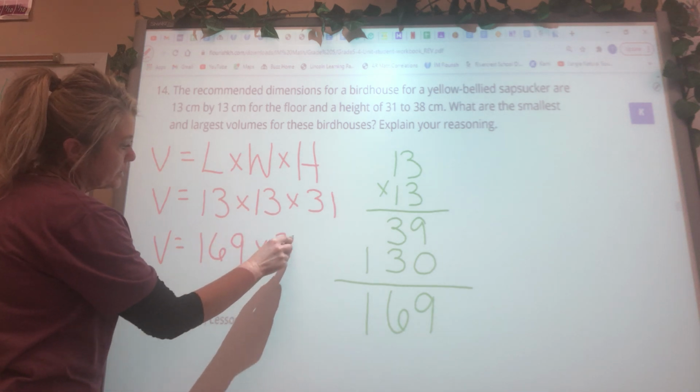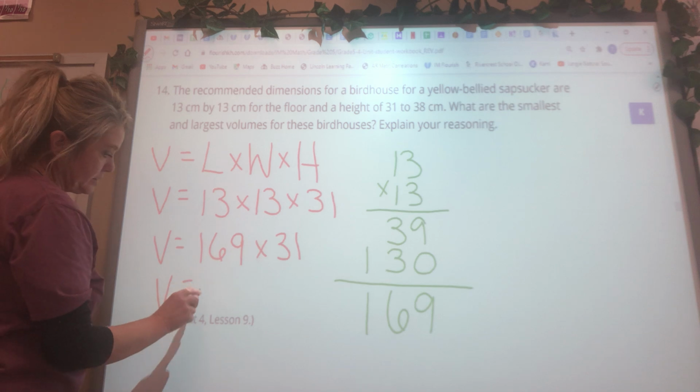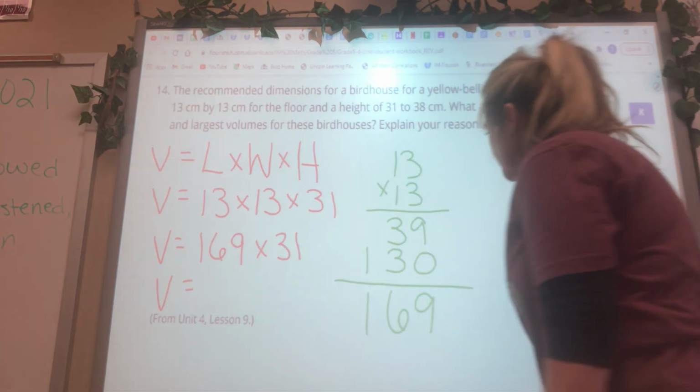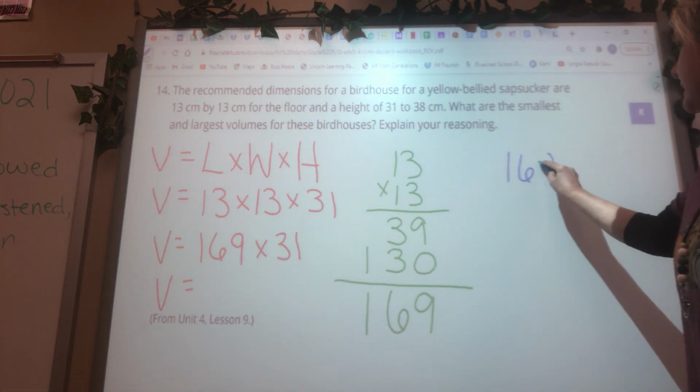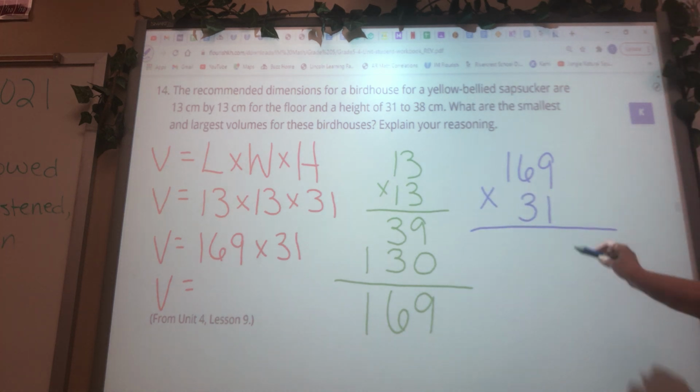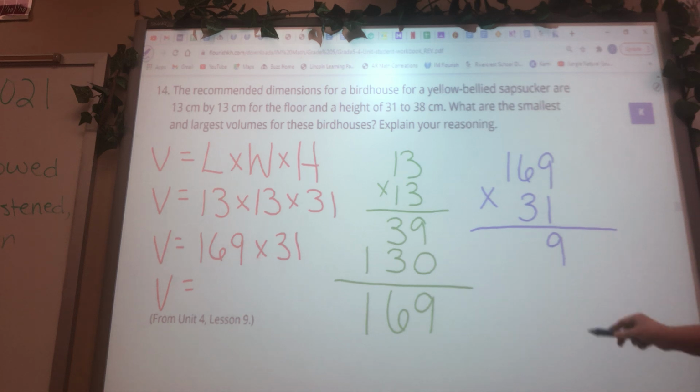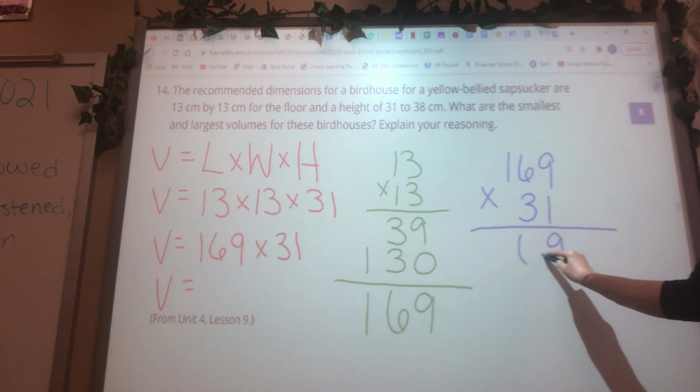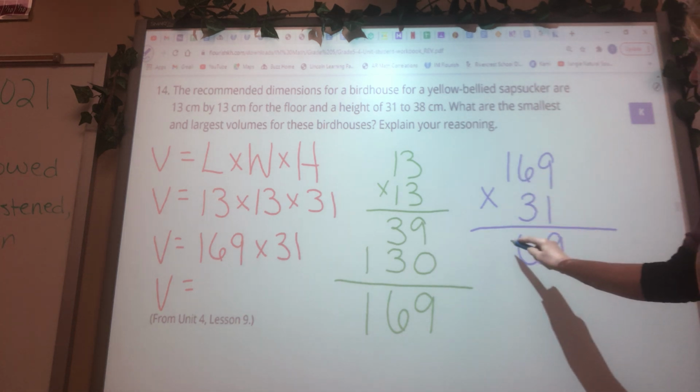And then I have to multiply that times the first height that they gave me. So 169 times 31. 1 times 9 is 9. 1 times 6 is 6. 1 times 1 is 1.